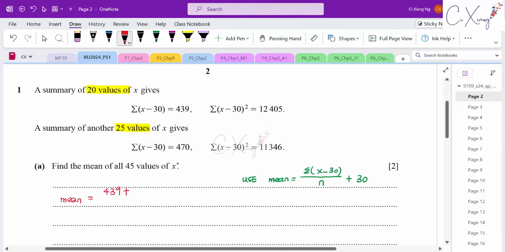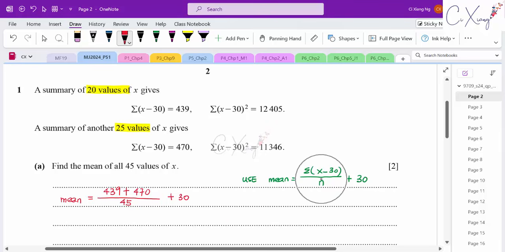Then the other 25 values: the summation of x minus 30 for this one is 470. You have to add them together first, then divide by the total n. In total, I have 45 values, 20 plus 25, and add back the 30.